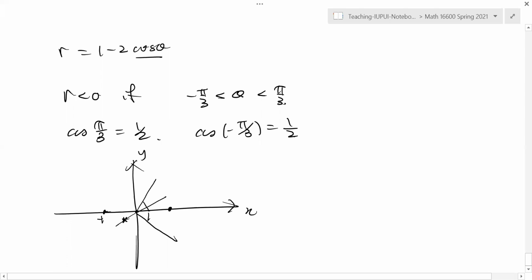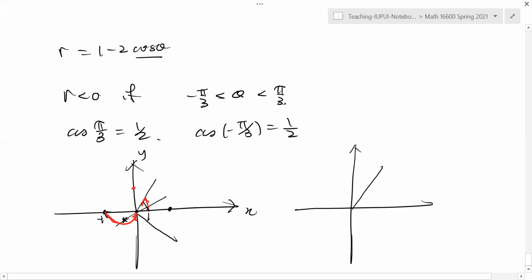So when you start the angle here and theta increases from here to here, you get a picture of this portion. When theta equals pi over 2, then r is going to be 1, so you're coming back to here.